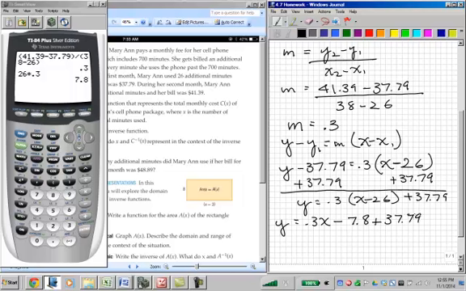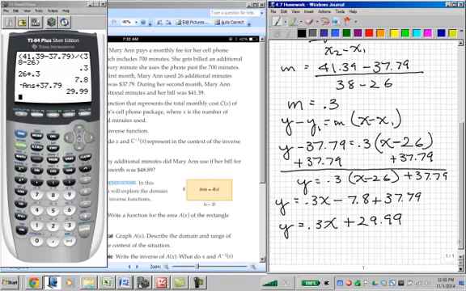So I'm going to take 7.8, minus, second answer, plus 37.79. I get 29.99. So y equals 0.3x plus 29.99. I'm going to check that in the book, which I can't show you. 0.3x plus 29.99. Okay, so there's the equation.